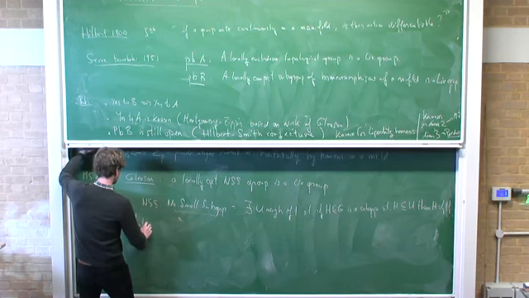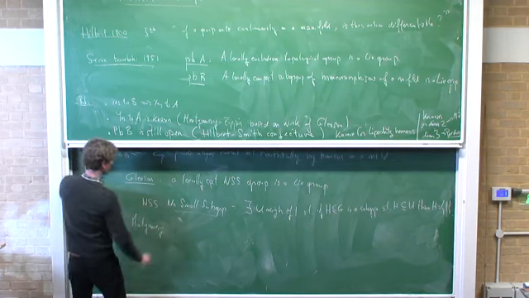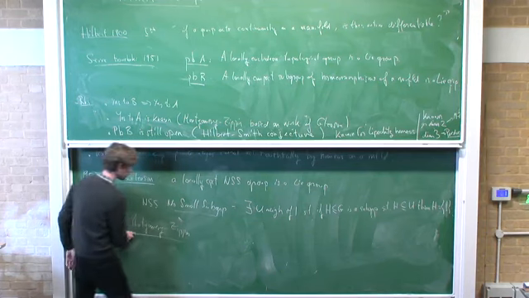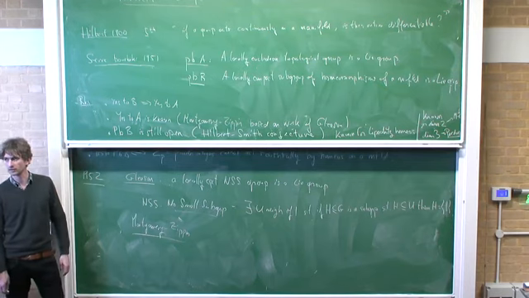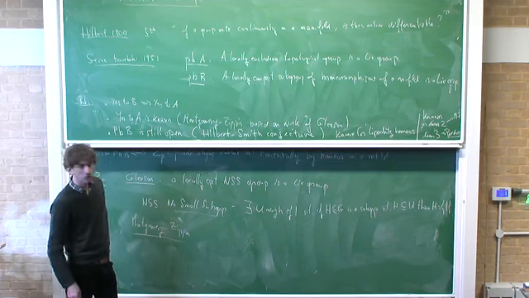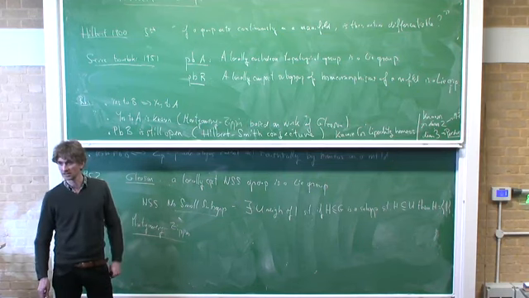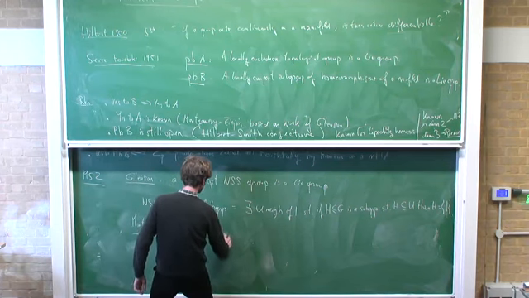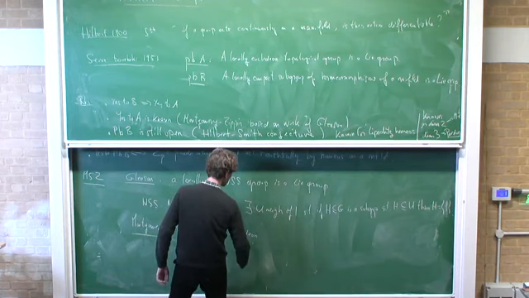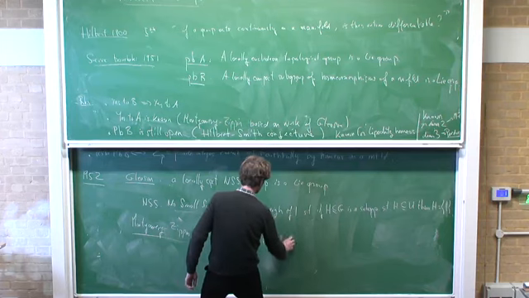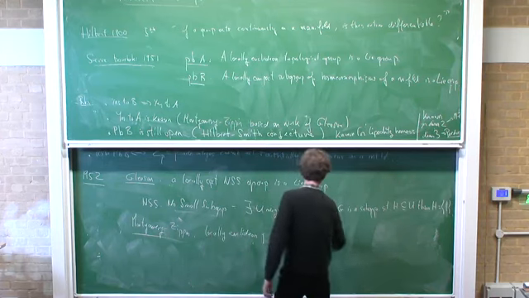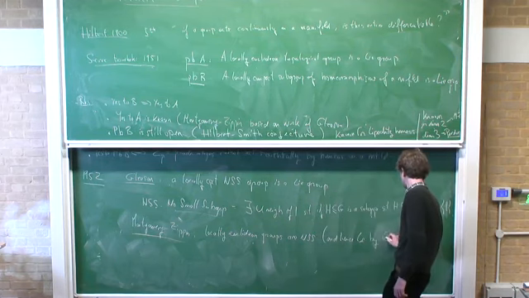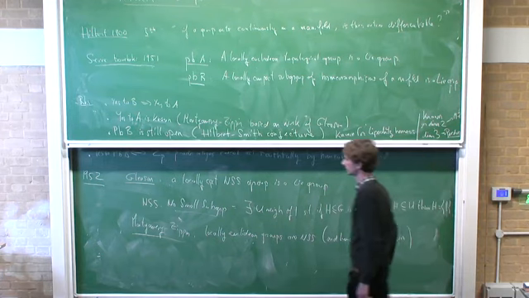Then, upon seeing the solution by Gleason to this problem, Montgomery and Zippin understand how to complete the proof and show that a locally Euclidean group is NSS, and therefore it's a Lie group.